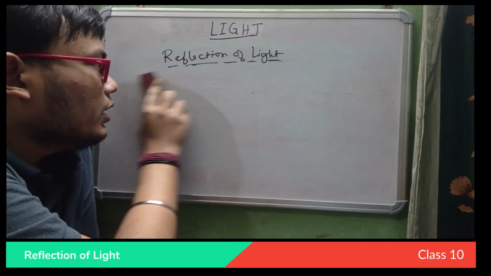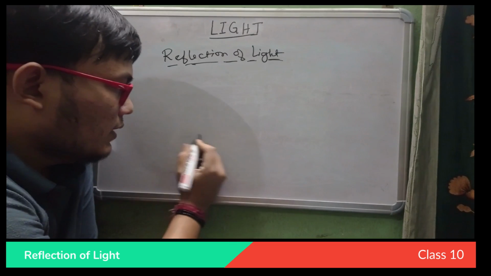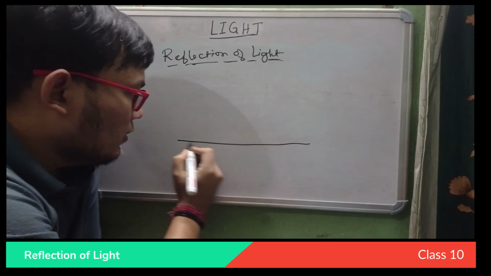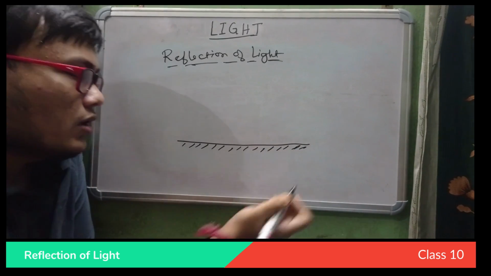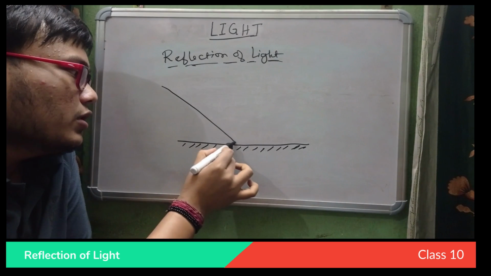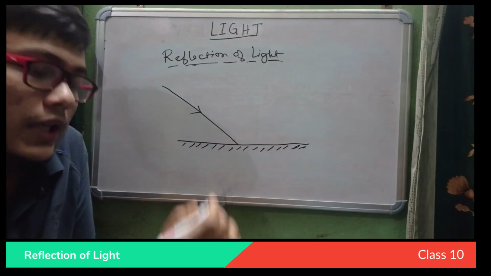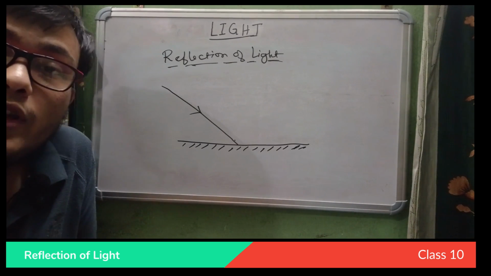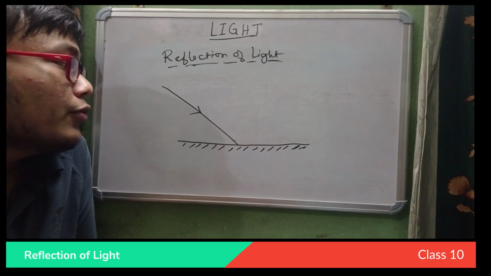So now if we take an example, let's say this is an opaque mirror, this is the polished surface. Light rays fall on this mirror. Let's say this is a light ray, and we have to give arrows. In case of any ray diagram, we have to denote it by arrows, or else it becomes worthless.